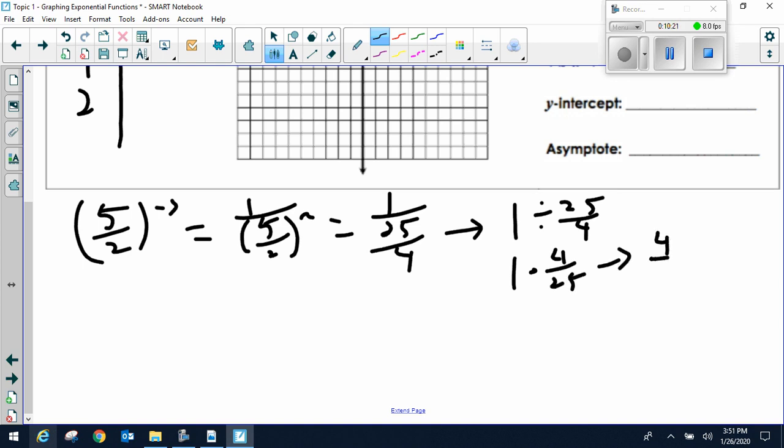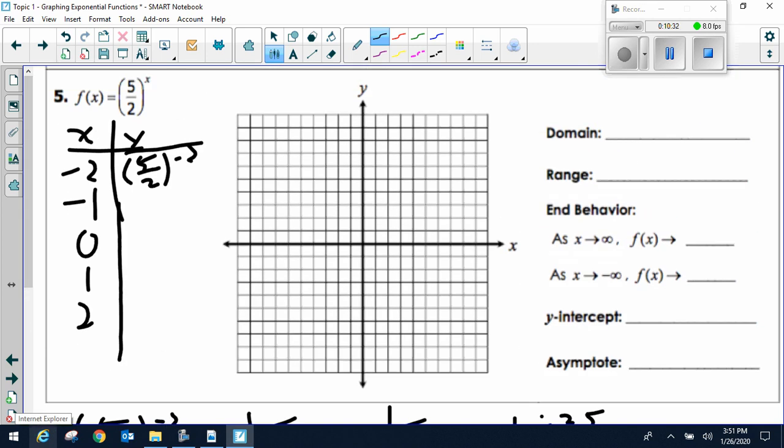That gives you 4 over 25, which is roughly, give or take, 0.16.